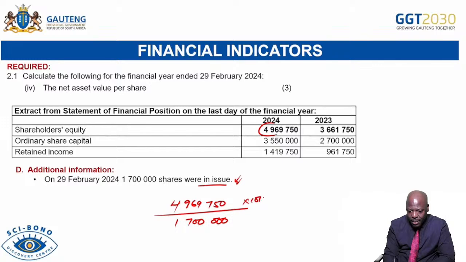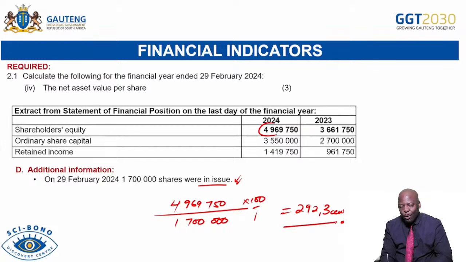Then I multiply that by 100 over 1, and it will give you 292.3 cents. That becomes your net asset value per share.